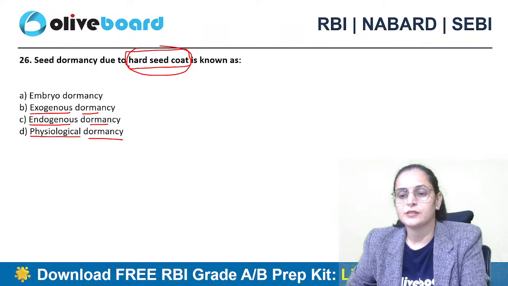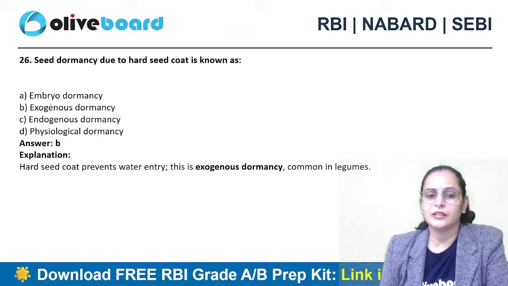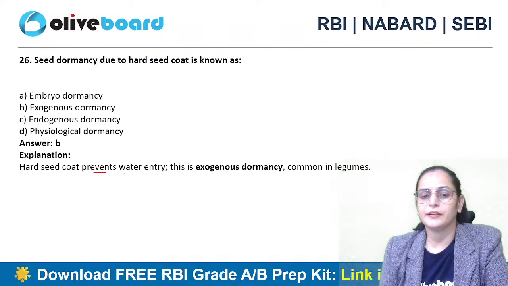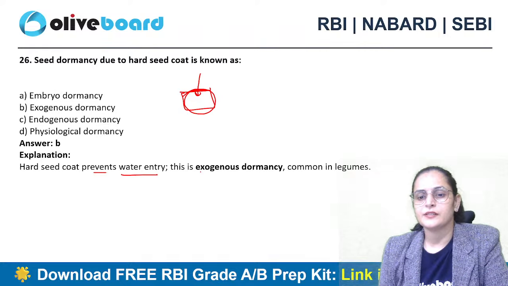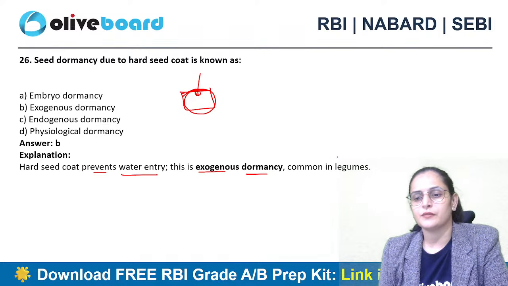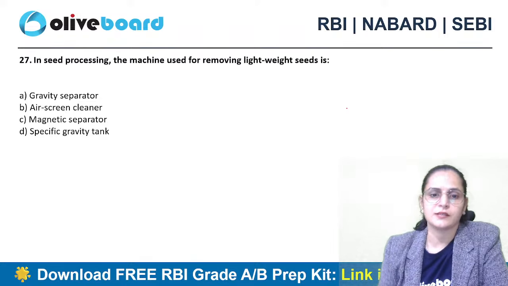When it is about the hard seed coat, you can simply mention it is exogenous. The hard seed coat is preventing the water entry. It is not allowing the water to enter inside the seed. So it is an exogenous dormancy which is very common in the legumes. Right, so B should be the most appropriate answer here.